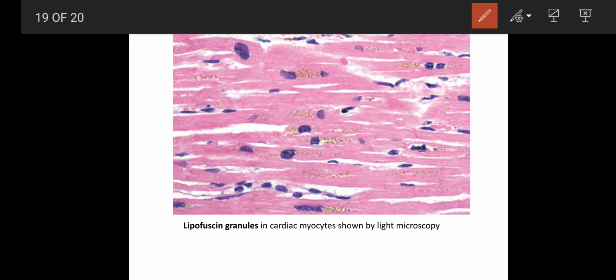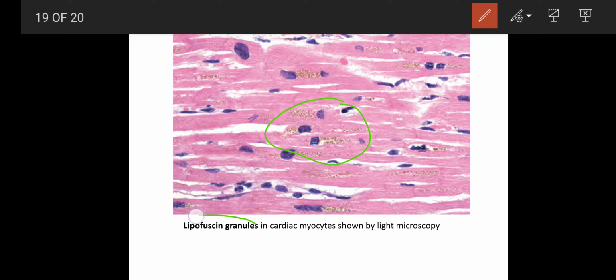Last class we had read about pigments. Pigments are also a sort of intracellular accumulation. So first I want to highlight these brownish granules, perinuclear, meaning surrounding the nucleus. These are also cytoplasmic. So these are perinuclear brownish cytoplasmic granules.